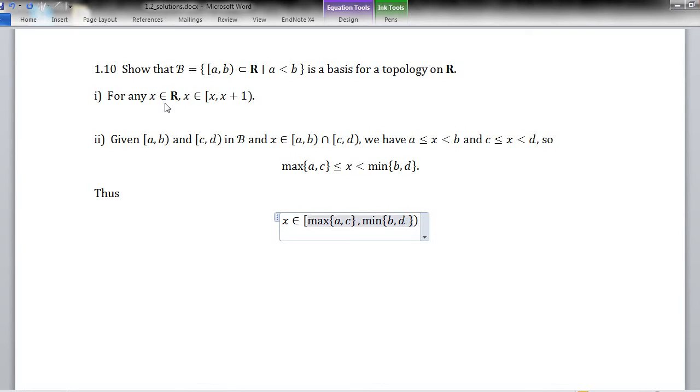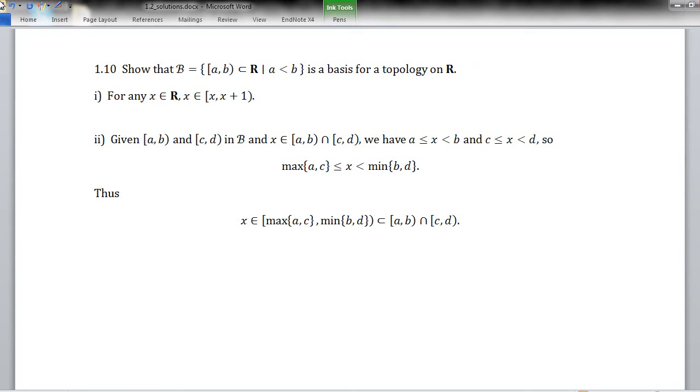Which is a subset of the interval from a to b intersect the interval from c to d, as desired.